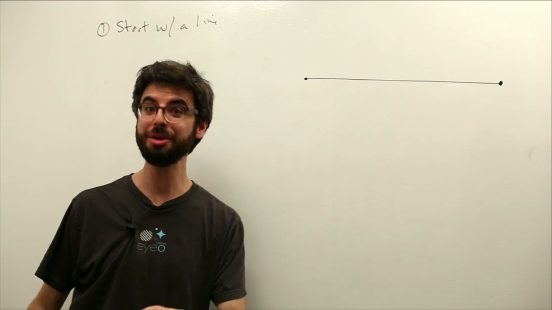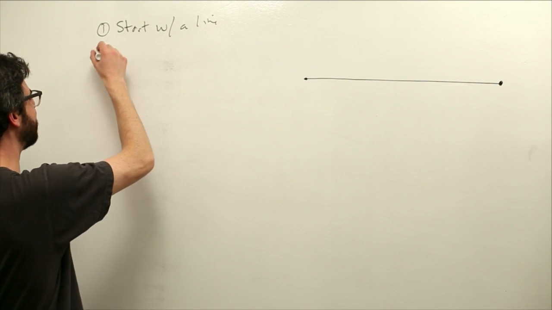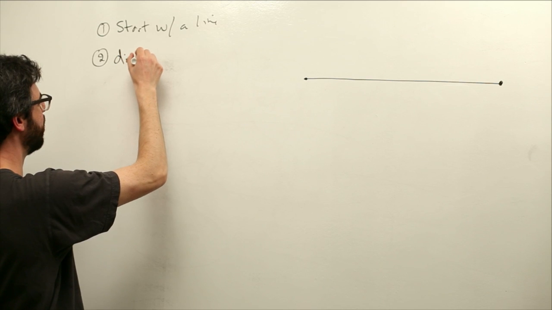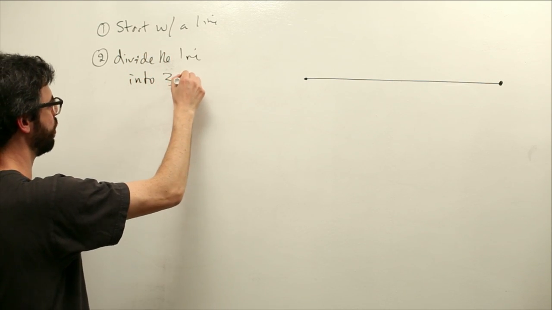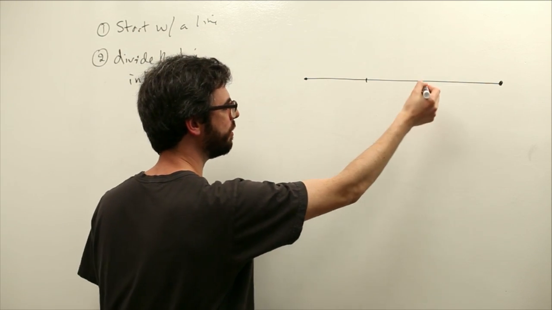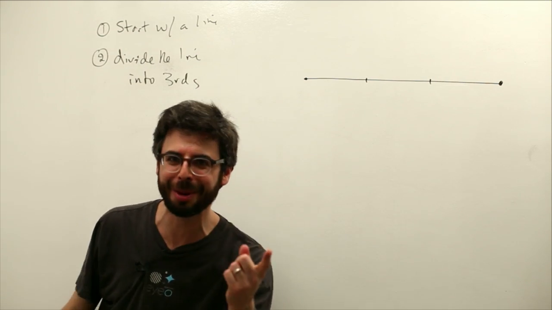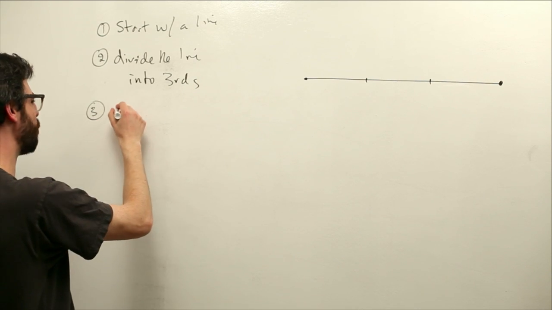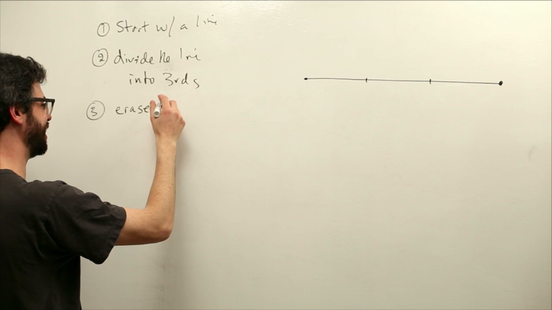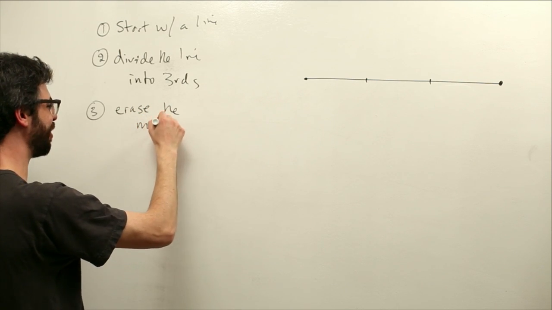The next step is divide the line into thirds. This is just what we did with the Cantor set, but now, what do we do? We erase the middle third.